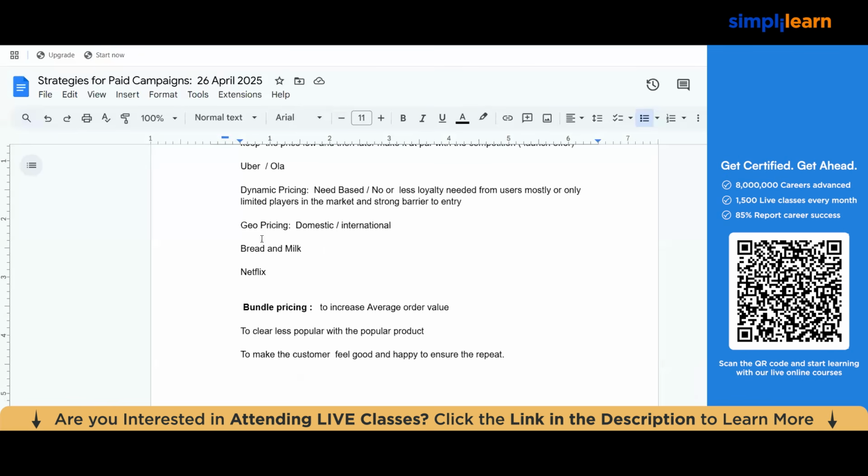For example, for bundle pricing, I have given the example of Zepto and Instamart with small ticket size, and also Burger King and McDonald's.